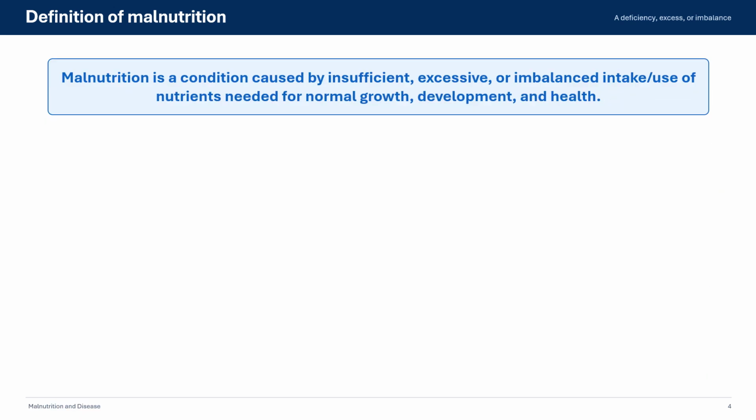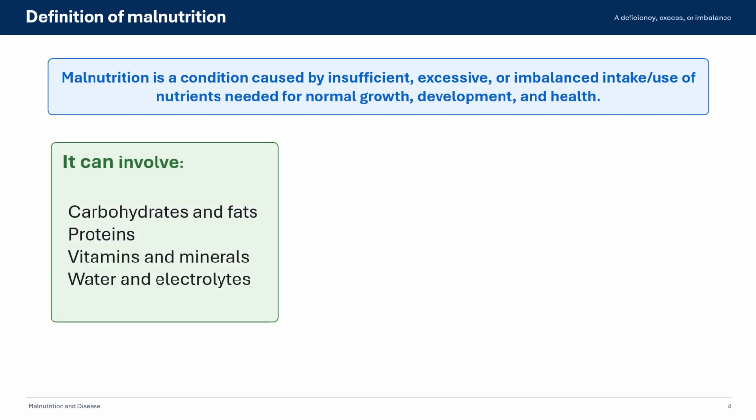Now, what is malnutrition? Malnutrition is a condition that develops when the body receives insufficient, excessive, or imbalanced amounts of nutrients required for normal growth, development, and health.